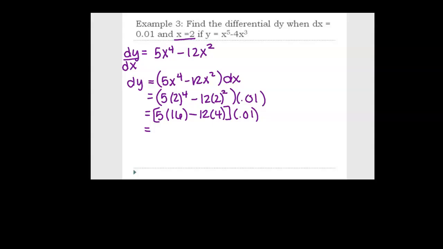So you have 5 times 16 minus 12 times 4. So 5 times 10 is 50. 5 times 6 is 30. So you get 80 minus 48. 0.01 is really the same as 1 over 100.